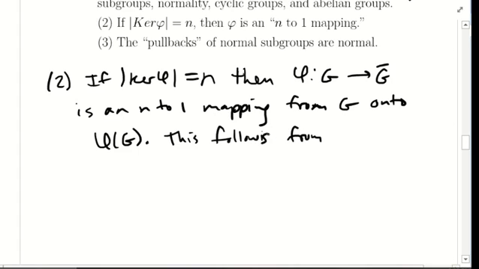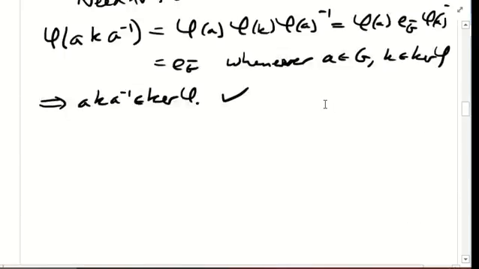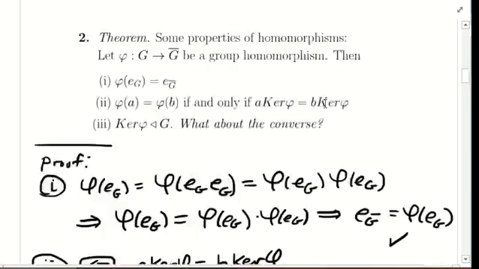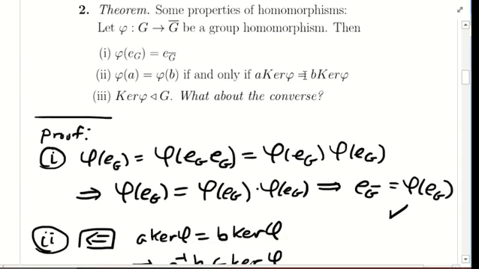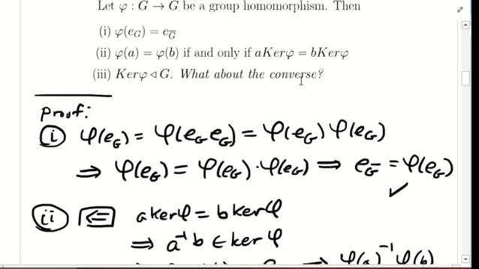So this follows from number 2, did I say? This follows from number 2, okay, and the fact that every coset of the kernel has n elements, right?